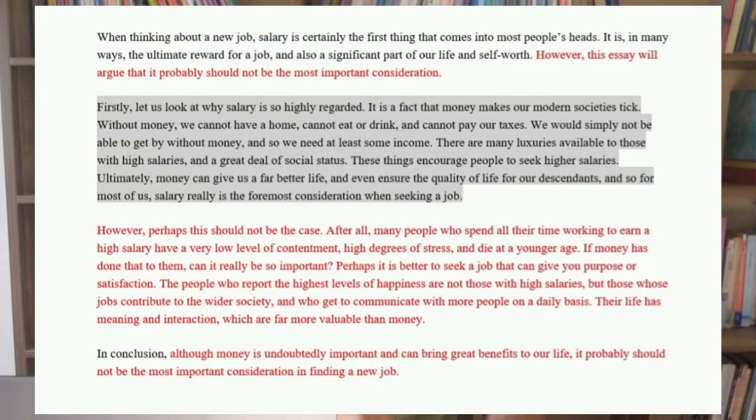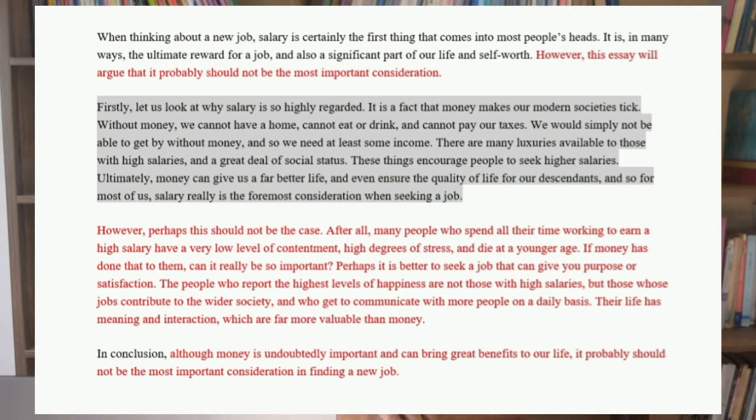This strategic approach serves as an anchor, ensuring that your perspective resonates strongly with the reader or examiner. You can see this model in the example I provide now. Okay, the topic is: the most important consideration when choosing any career or job is having a high income.